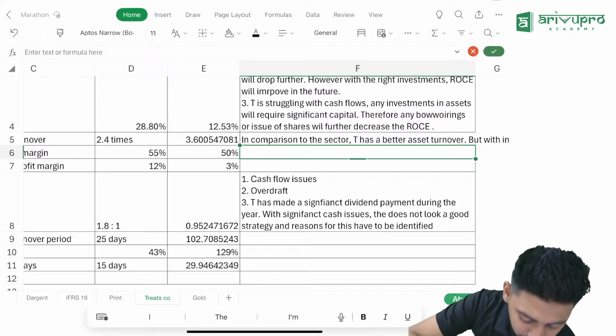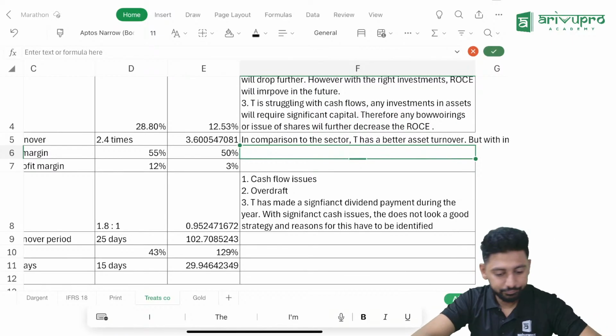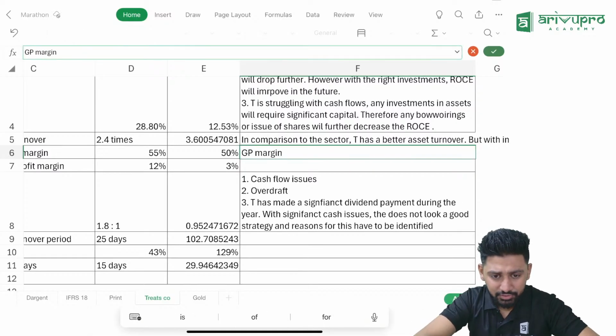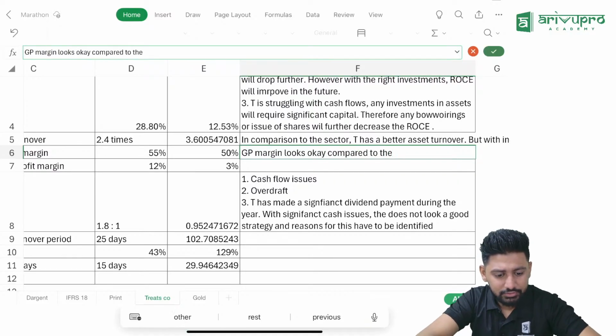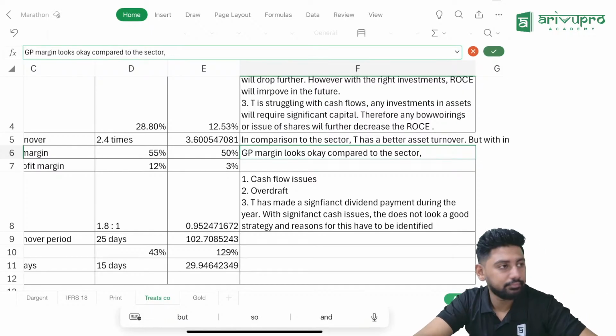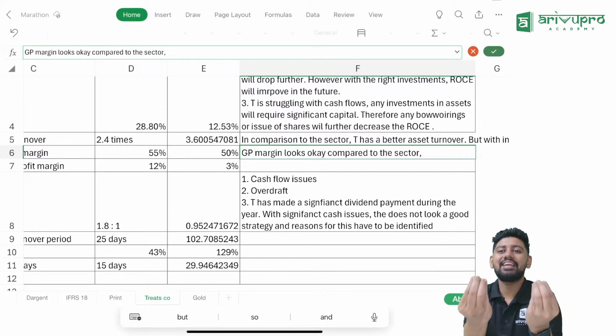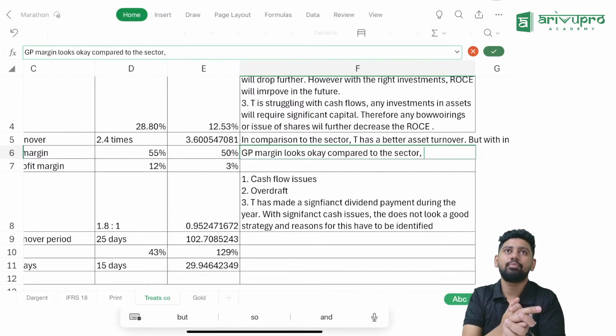So what I can do is start talking about my GP margin. GP margin looks okay compared to the sector. However, what I'm going to say is, look, the comparison is not too justified.